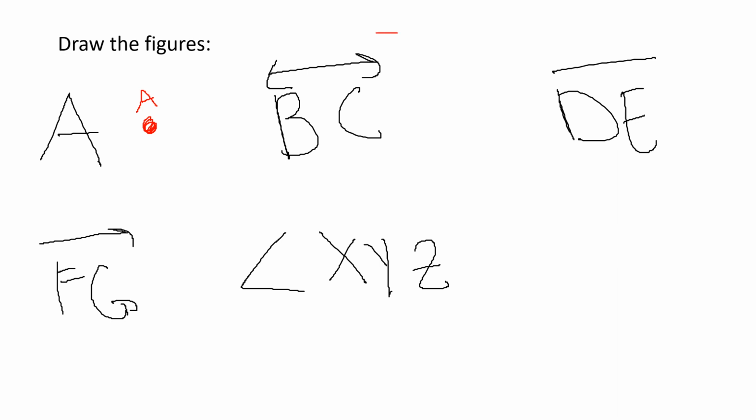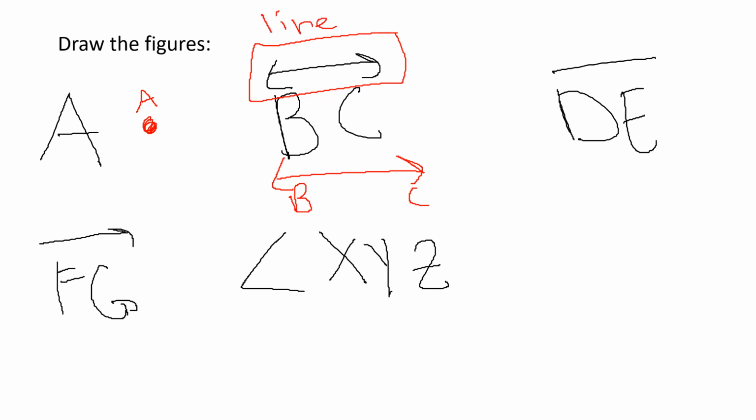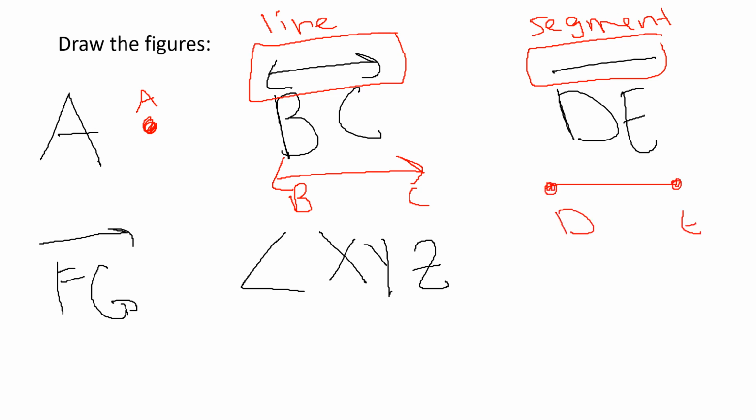Now this symbol right here tells me that this is a line, and that the name of this line is BC. This tells me it is a segment, so it has a starting point and a stopping point, and the name of this segment is DE.